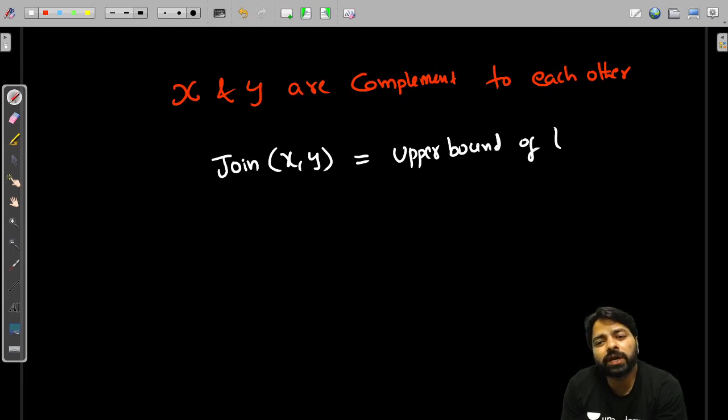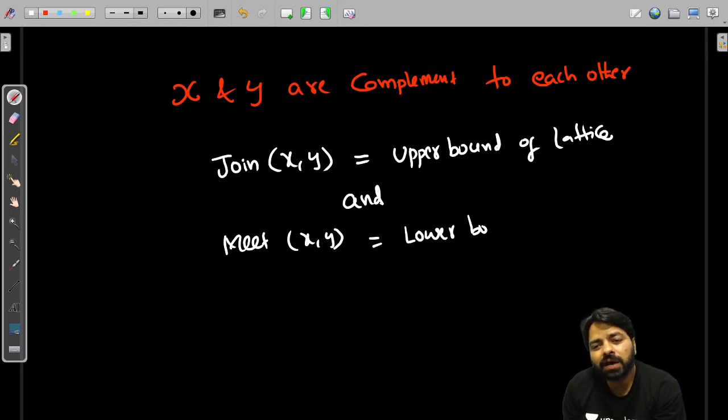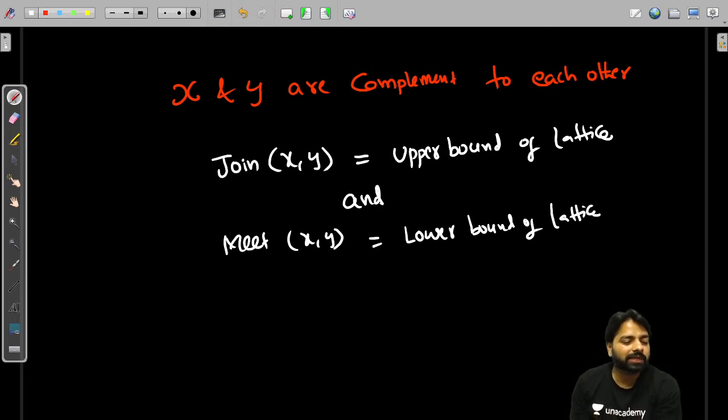If it is not going, then they are not complements. And not only that, when we do the meet, they must go to the lower bound of the lattice. If not going, then they are not complements.